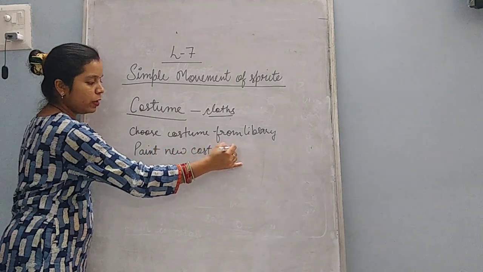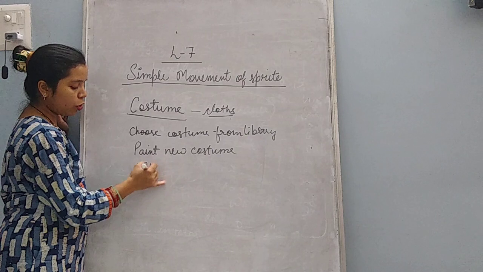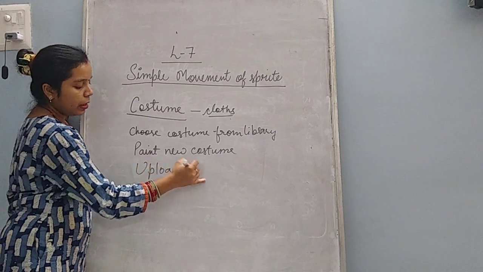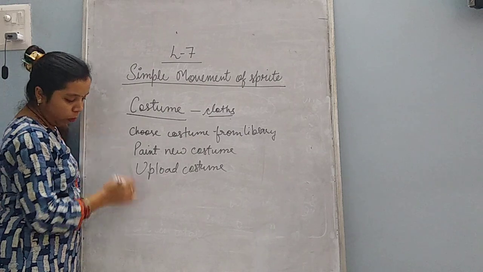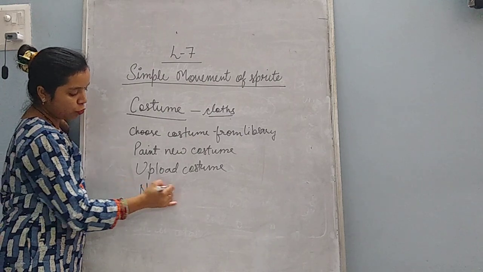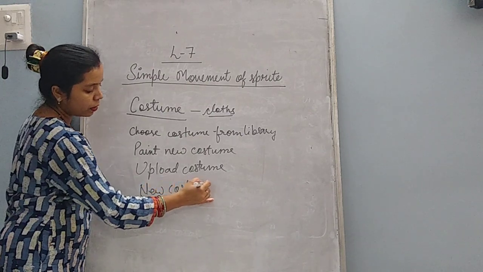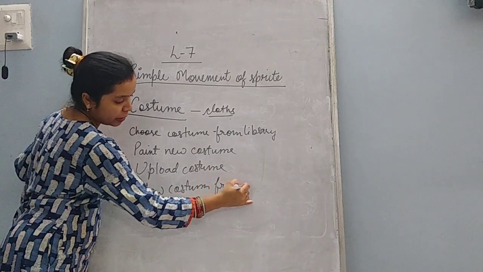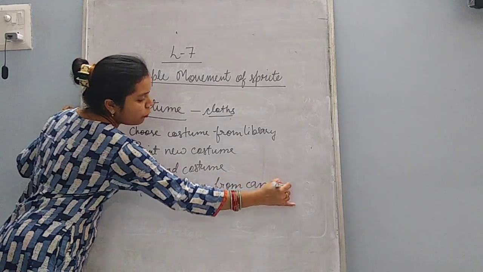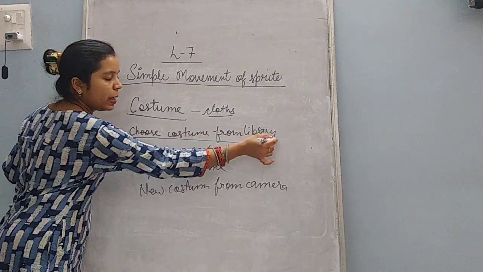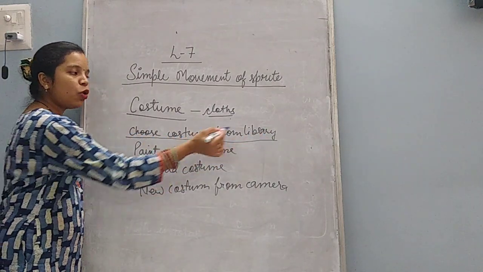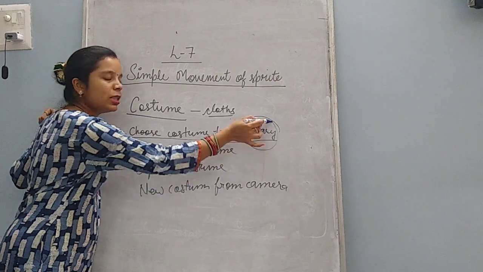Or upload costume. Or new costume from camera. Okay, four options it will show you. One, choose costume from library. Library means the costumes which are present in your Scratch.